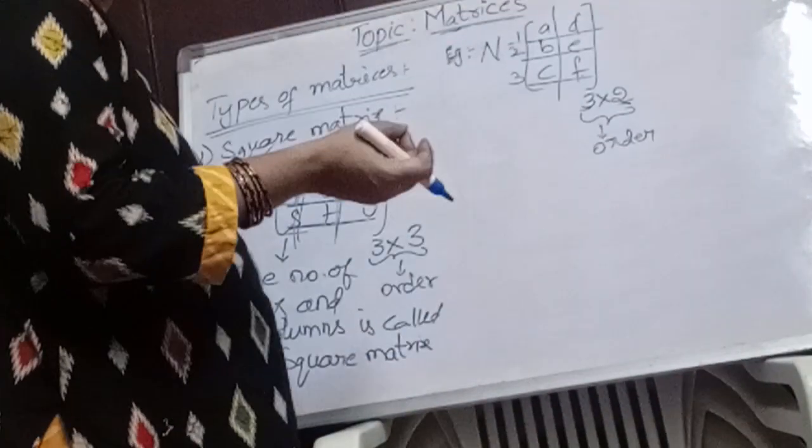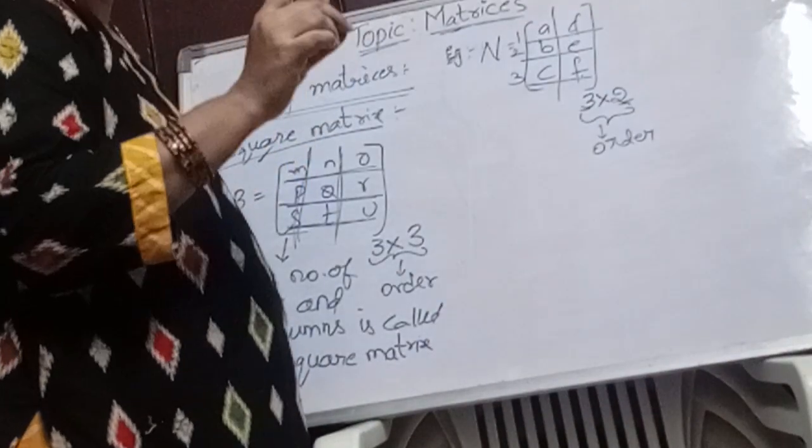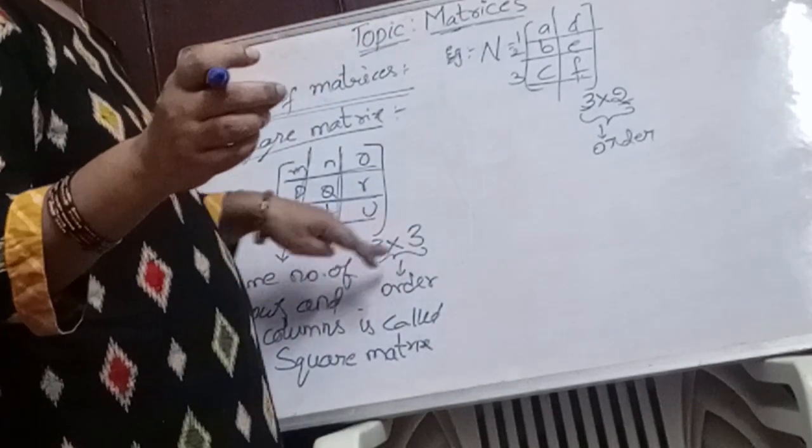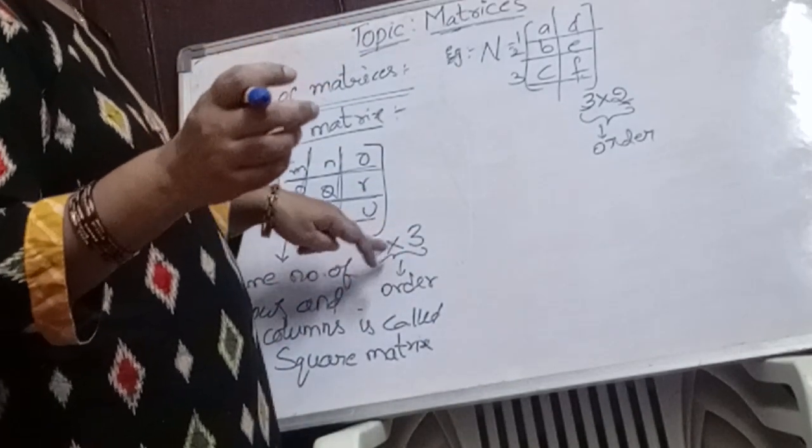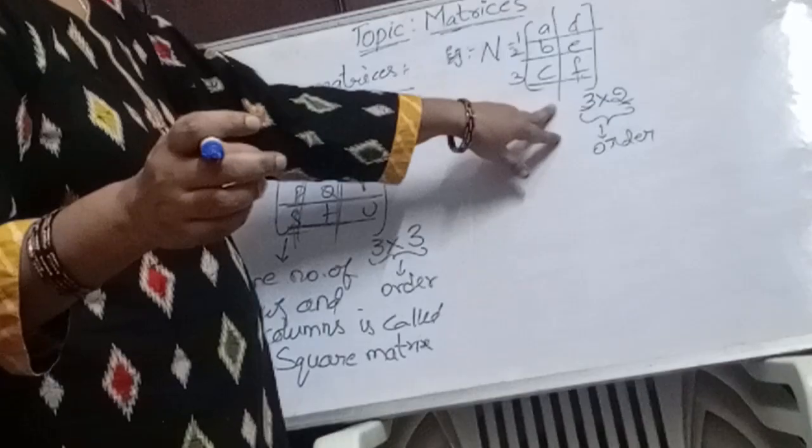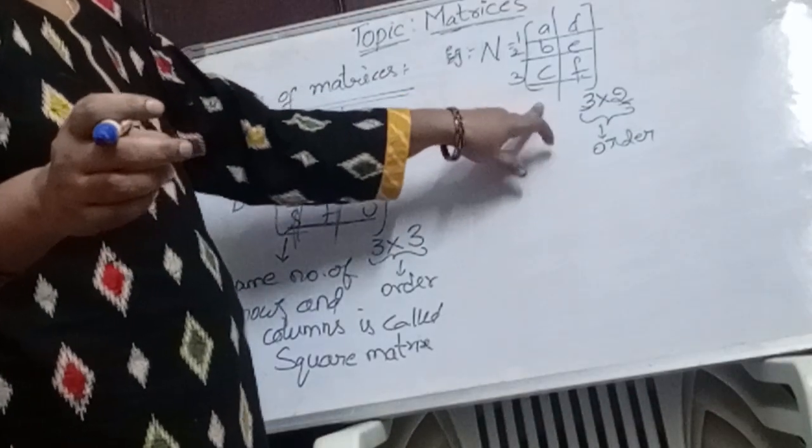The number of rows and number of columns are different. If they are different, that is not a square matrix. A square matrix has the same number of rows and columns, but here we didn't have that. So this is not a square matrix.